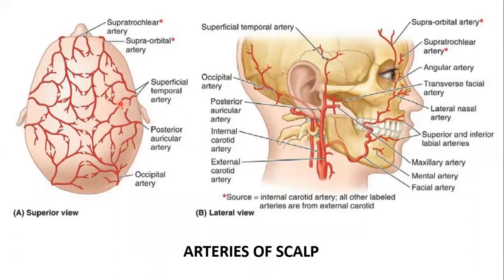Another reason for profuse bleeding is that these arteries are embedded deeply in the connective tissue and attached to it, so they cannot contract when cut. They remain open, and they bleed profusely.